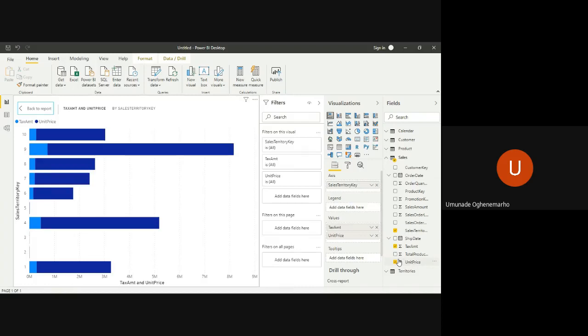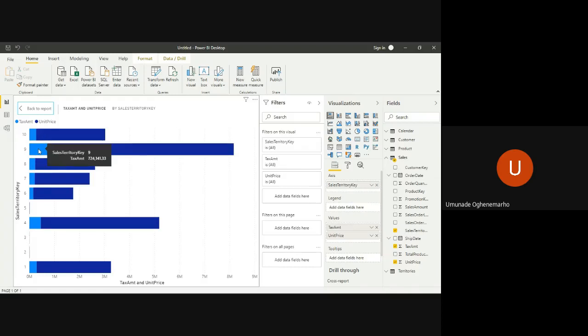Now you want to see, in each of these countries of this sales territory key, how your products are related, the tax against the unit price, and you still want to see which country is doing the best. This is a visualization that shows you just that. You can see the tax amount and the unit price of each of these regions.